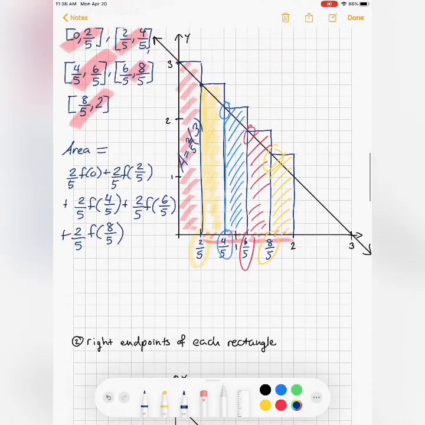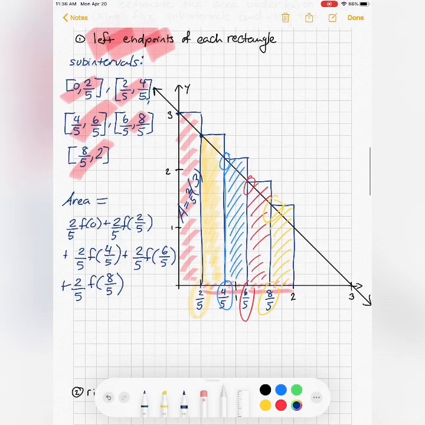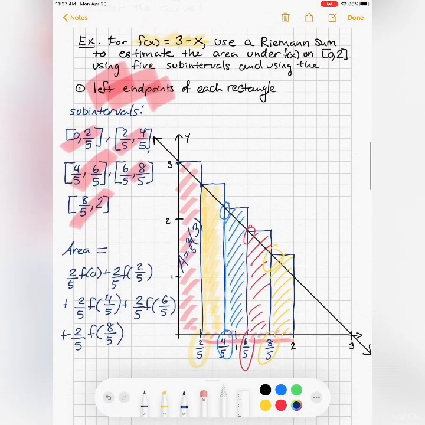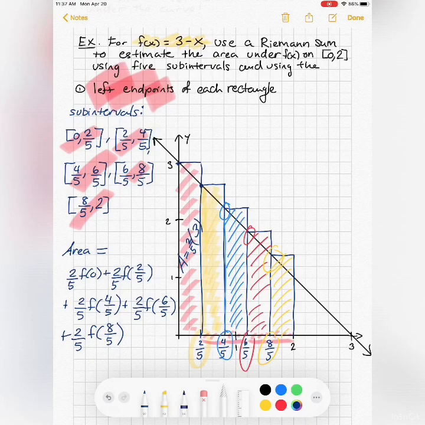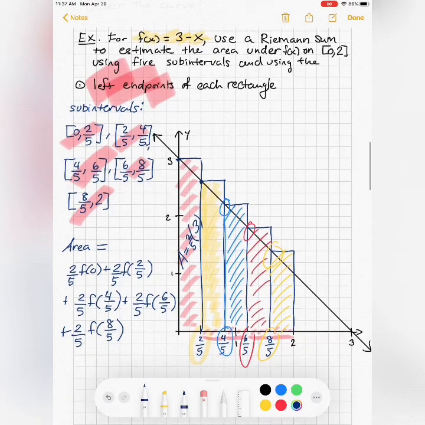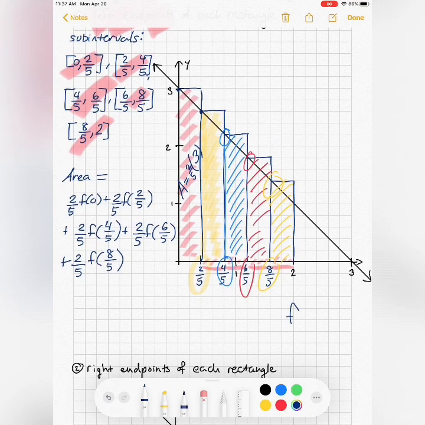Let's see if that's enough space. Okay, so finishing this off. Again, the function 3 minus x. Let's finish filling in this Riemann sum.